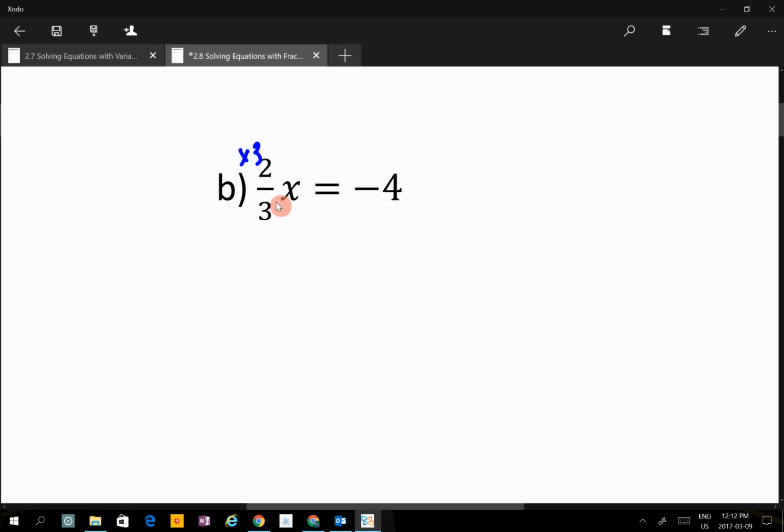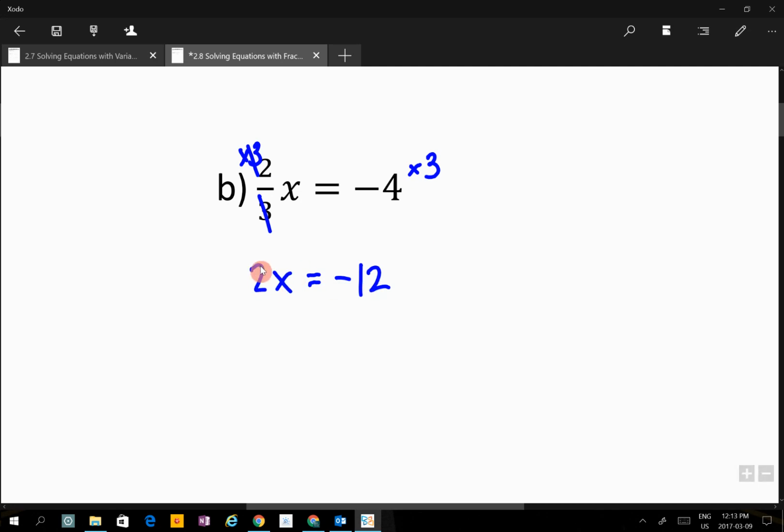If I multiply the left side by 3, I'll also multiply the right side by 3. I'm choosing 3 because it will allow me to cancel the 3 from the bottom of this fraction. So 3 canceling with 3 leaves me with just 2 times x, and that's equal to negative 4 times 3, which is negative 12.